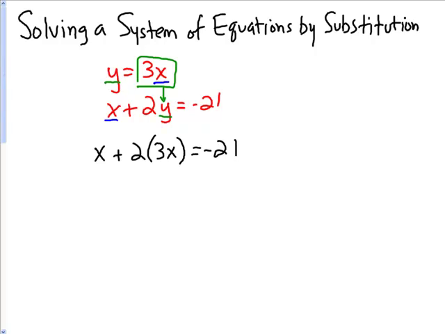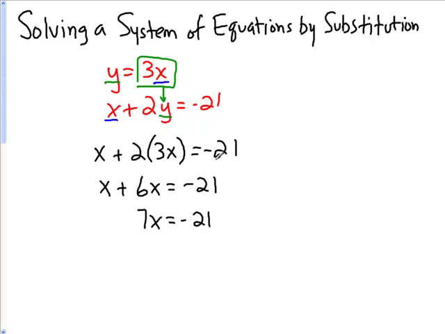We can see that I substituted 3x for y, hence the name solving by substitution. So when I simplify, I get x plus 6x equals negative 21, or 7x equals negative 21.